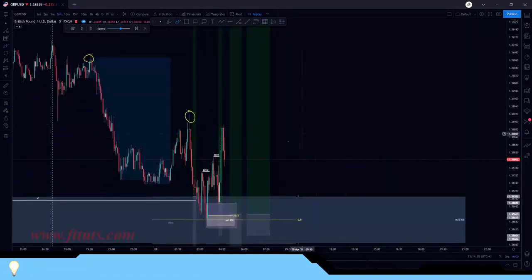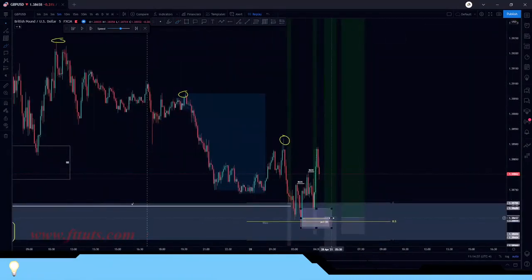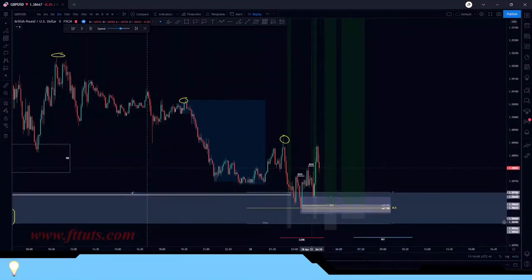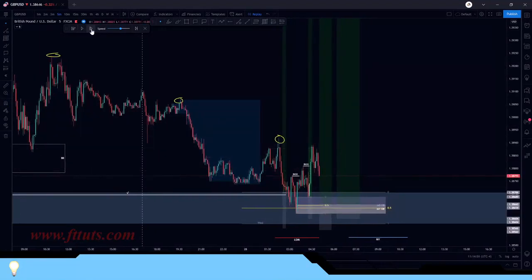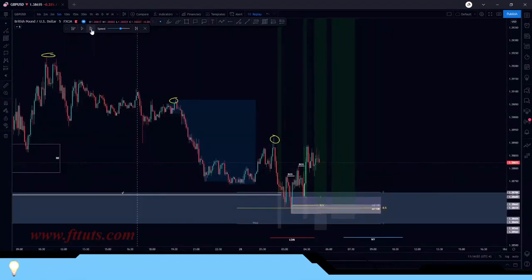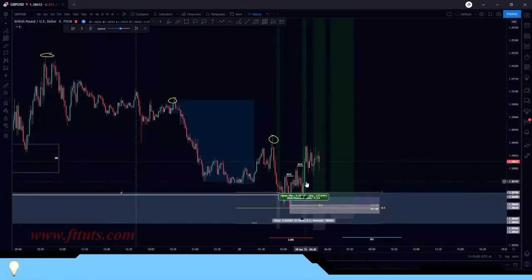So let's go ahead and extend this order block and this 1 minute order block as well. Of course, the 1 minute order block, we would want to factor in the lows as well. Okay, so there we go. Skip candles. So there's still price inefficiency down here.